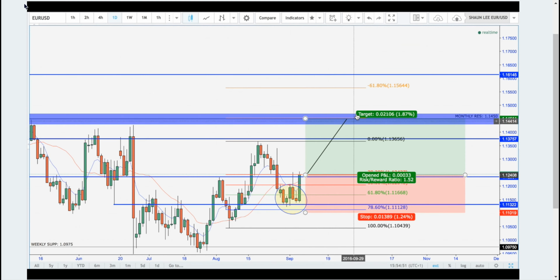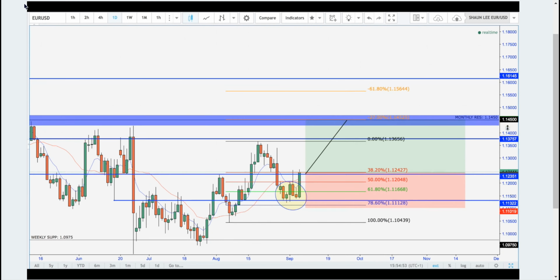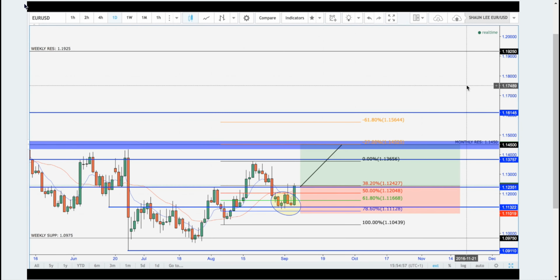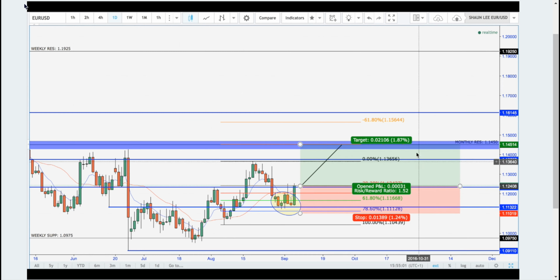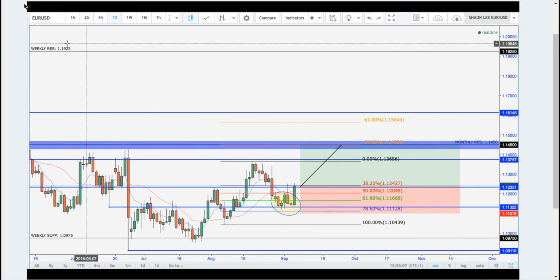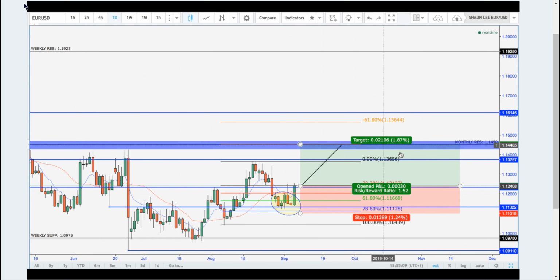If euro does actually breach our monthly resistance level, we know from our prior lessons and prior rules that if the monthly resistance is broken, there's then a 75% chance we may see 1.1925, which is the weekly resistance over here.